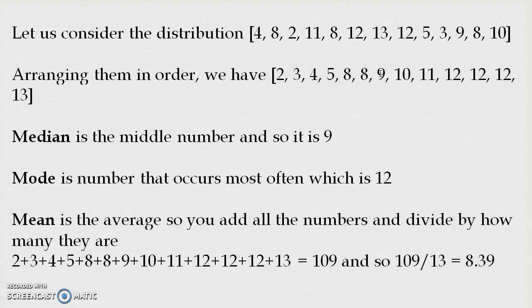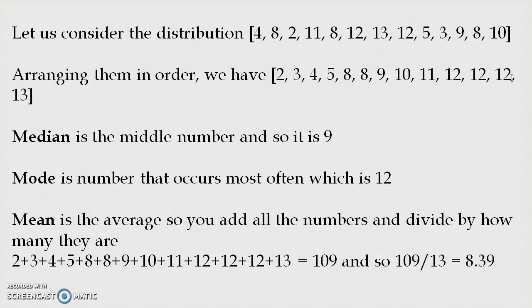So I want to make some changes to the test because the scores had a low median. But when I look at the mode, it is 12 because this is repeated 3 times. That means there was a big disparity in the class because a lot of students scored 12, even though the median lies at 9.